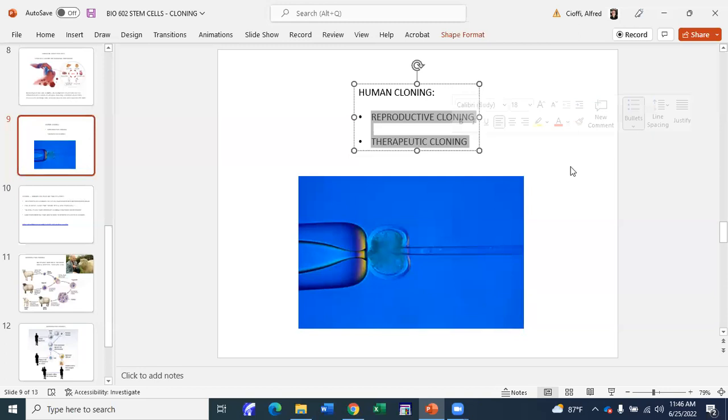one or the other, either for reproductive purposes or for therapeutic purposes, reproductive or therapeutic purposes, right? Okay, so basically reproductive purposes is for a couple who cannot have children to have a child through cloning.